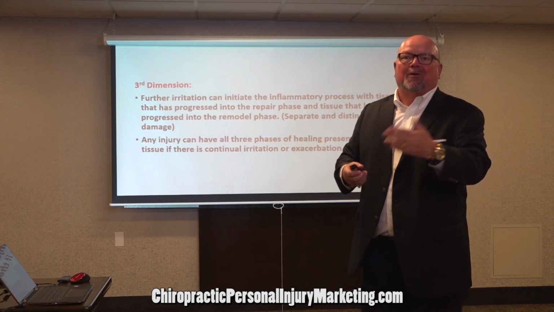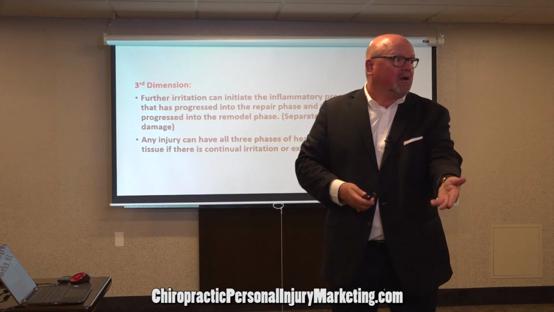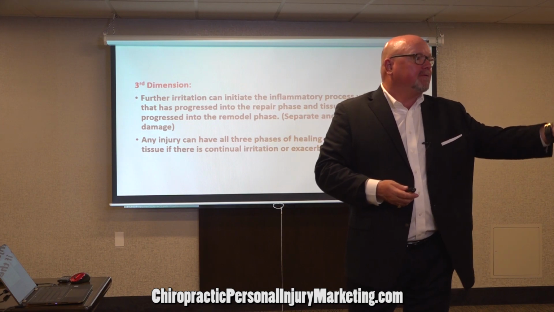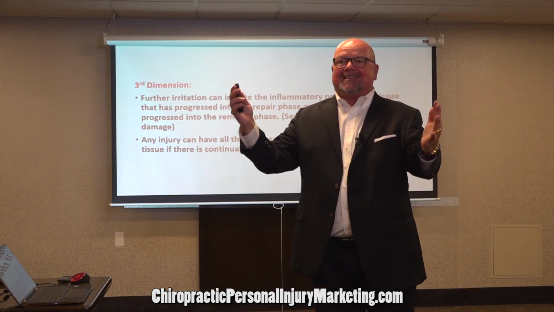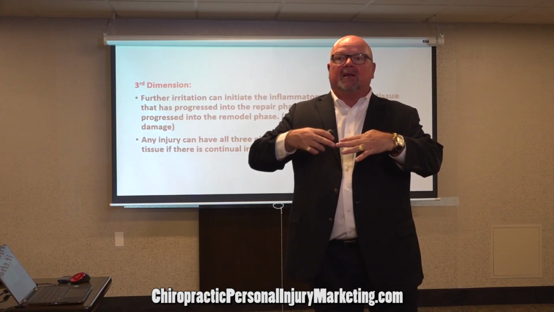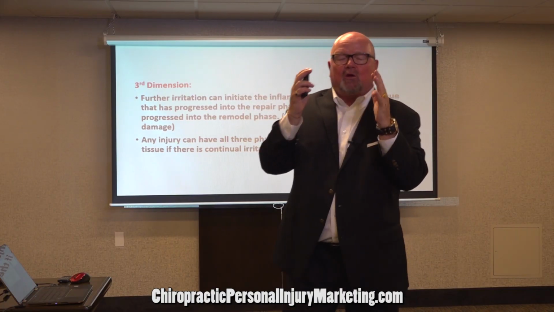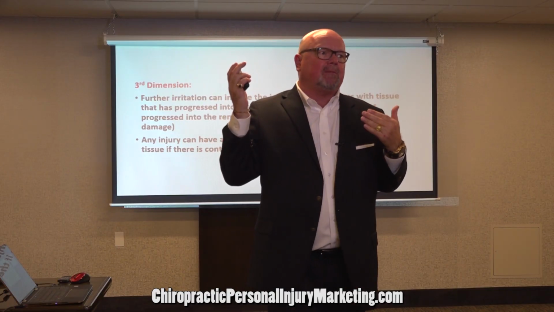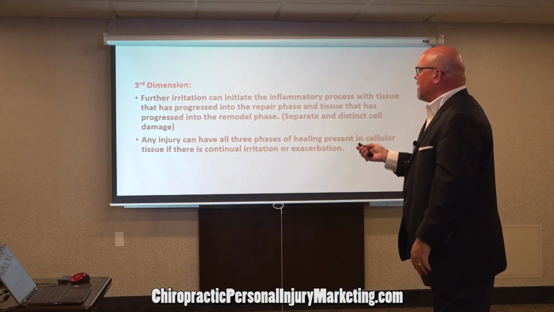So I may not want to be doing remodel phase therapy, even though I have some tissue in the remodel phase, because they're still too pain sensitive. And it might have been from a second re-injury. Do you get my point? In other words, it's not black and white, it all overlaps. And what's the defining characteristic? Your biomarkers. So you've got to think, what are my biomarkers? And go, okay, what phase of healing am I in relative to my biomarkers? And what can I do with this patient relative to my biomarkers?